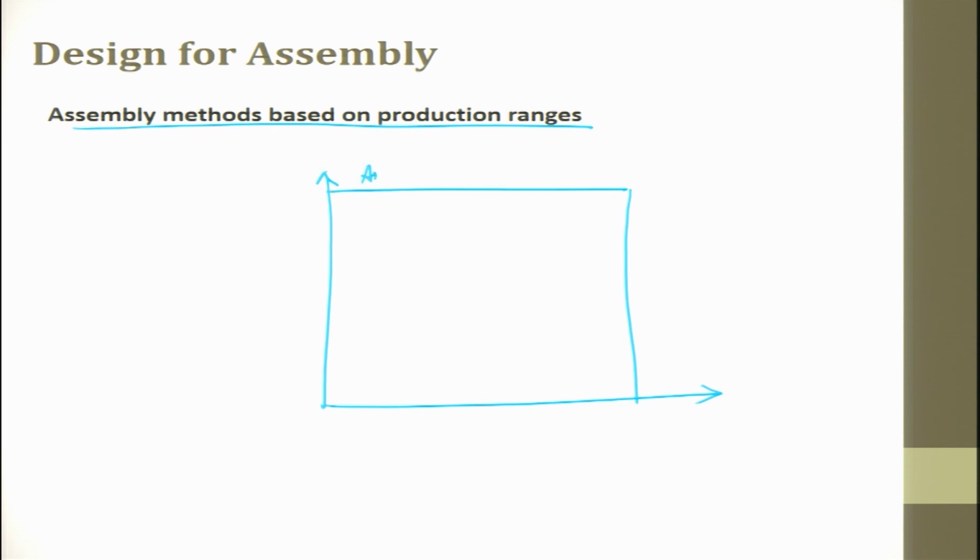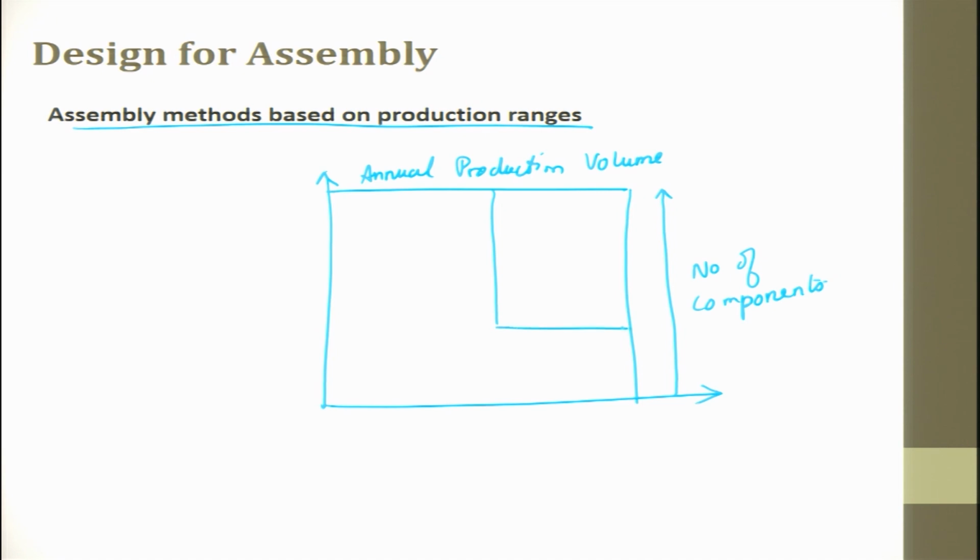This is the annual production volume. This is going to be the number of components. These are special purpose automatic assembly.